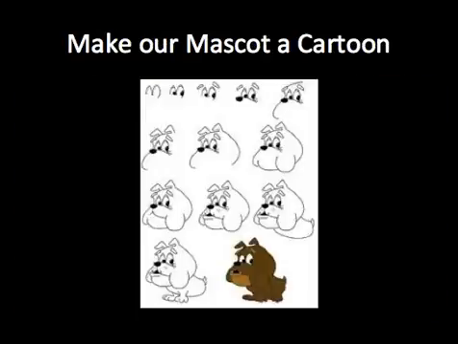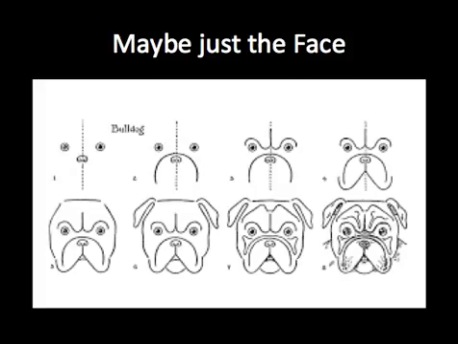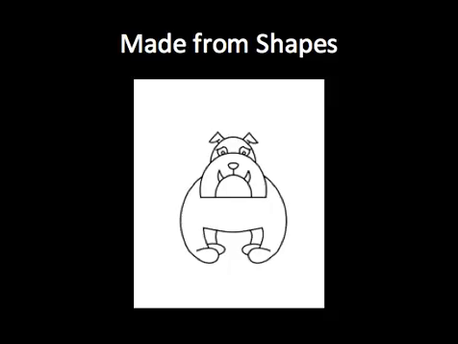Your mascot doesn't have to be realistic. You could make a cartoon mascot. Maybe you just want to do the mascot's face. Maybe you're just going to make kind of an abstract bulldog and maybe just use shapes.